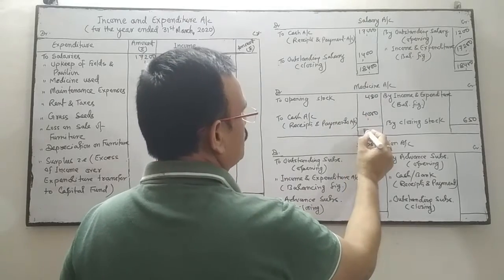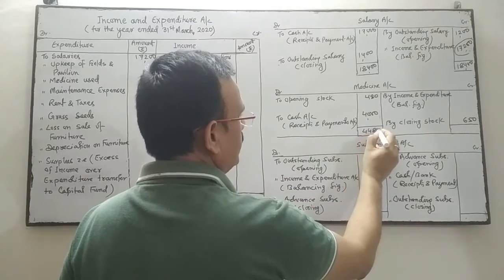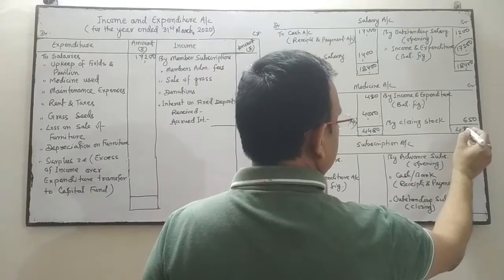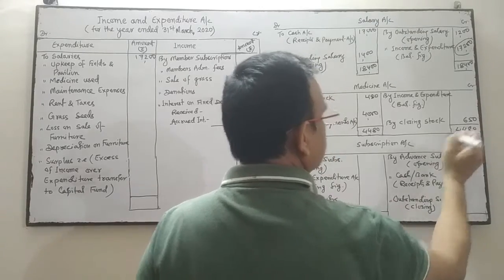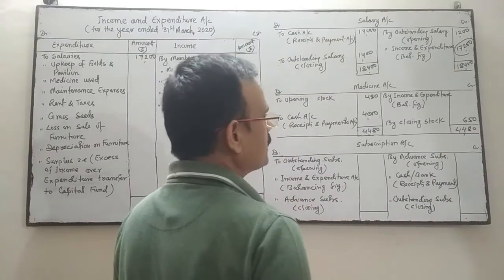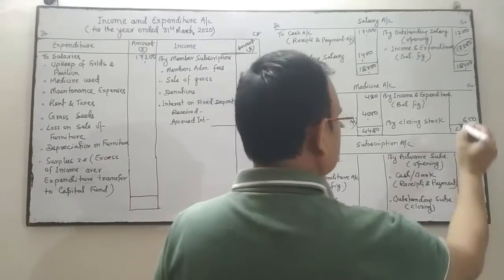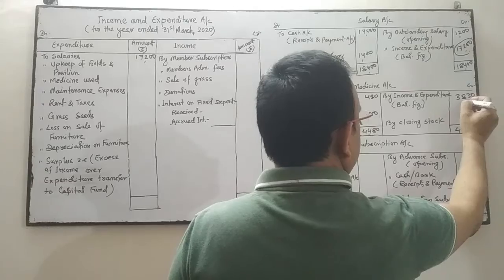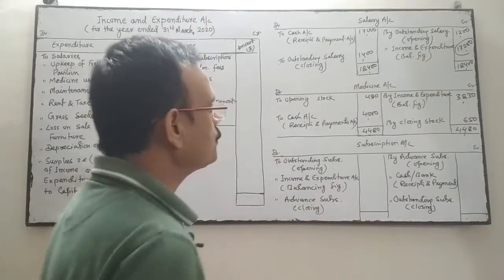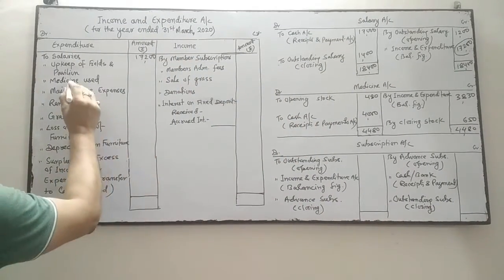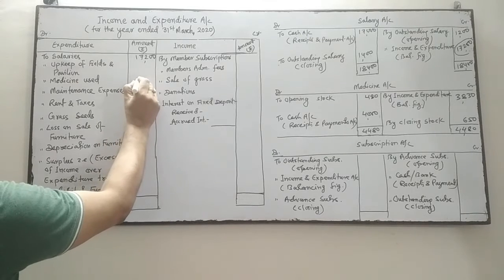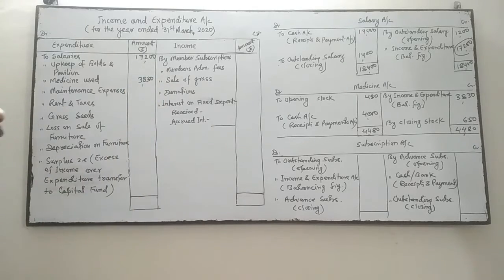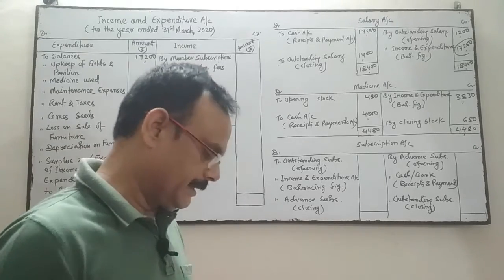So total is 4,480. I have written the credit side as well. The difference amount will be transferred to the income and expenditure account, indicating that this much medicine has been used during the year. So I write it over here: medicine used 3,830. This is the medicine used, or you can say consumed, during the year.